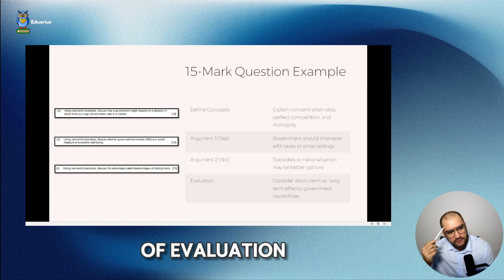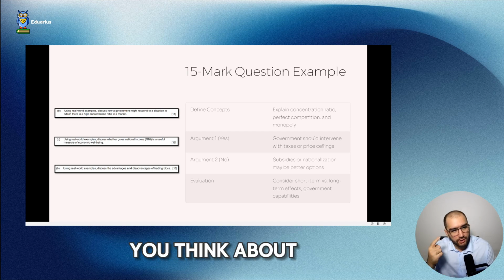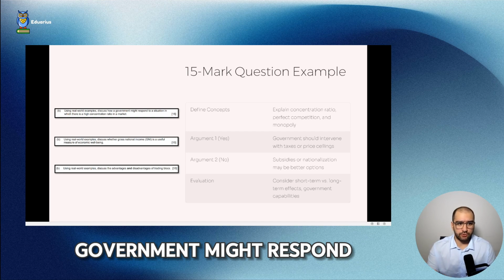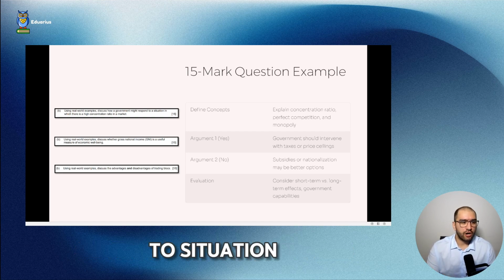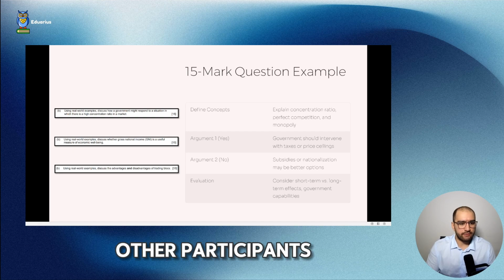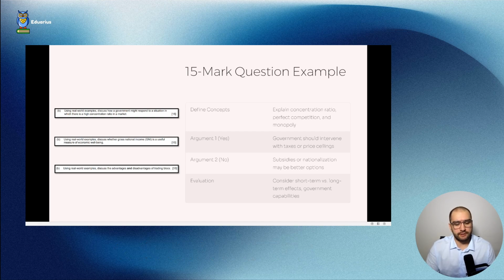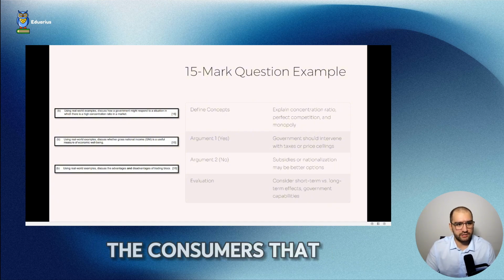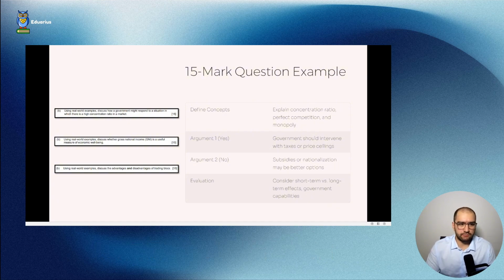You always think in evaluation, the first thing, about the stakeholders. If the government will respond to the situation, what kind of influences will there be for other participants? For example, for the consumers, there will be higher prices if there is a high concentration ratio in the market.